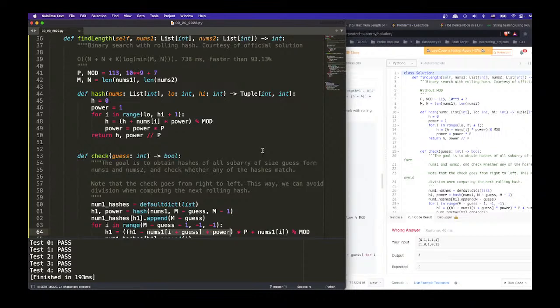You add them together. And when you're rolling hash, you just either minus the front, divided by p, and then plus a new value times the power, or you minus the last one, which is the value times the power, and everything times p, and then plus the first one. So it can go both ways. I like to go from right to left, basically.